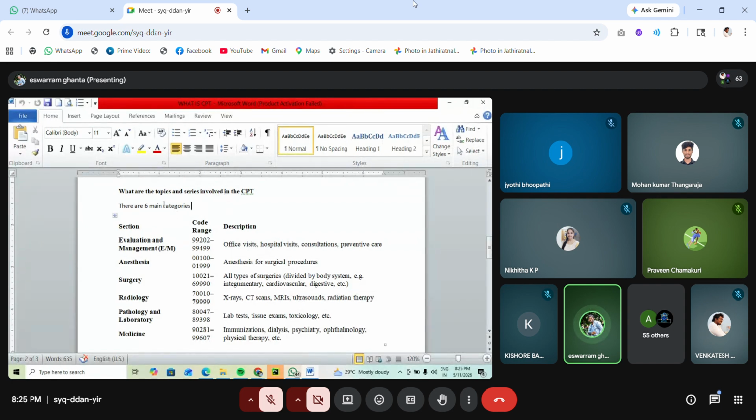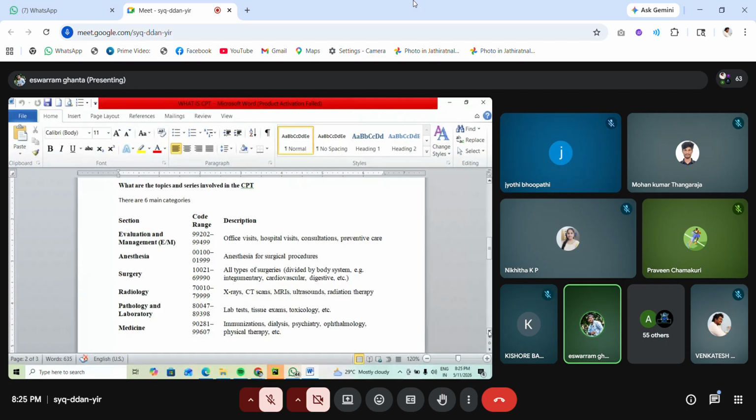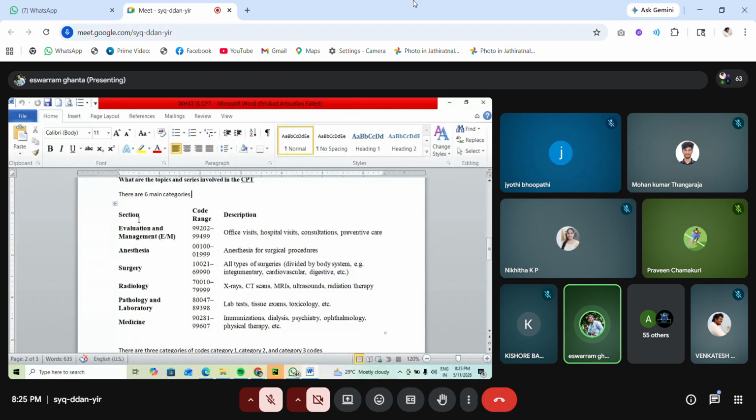There are 6 main categories. These are the sections, these are the code ranges, and this is the code description. Evaluation and management: in our CPT, the code starts with evaluation and management, 99202 to 99499.